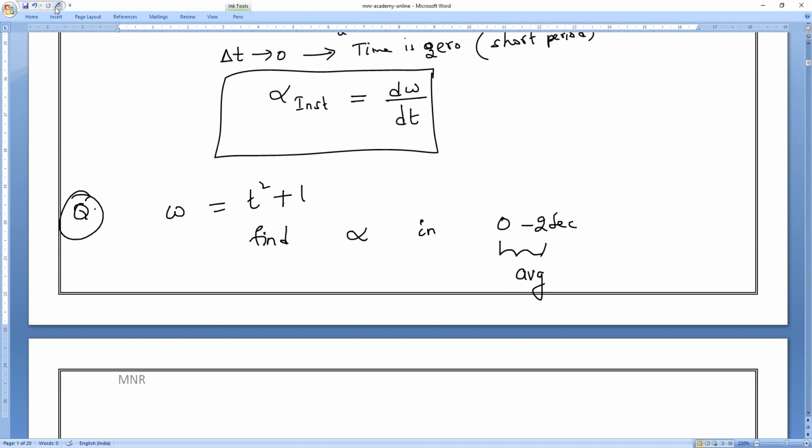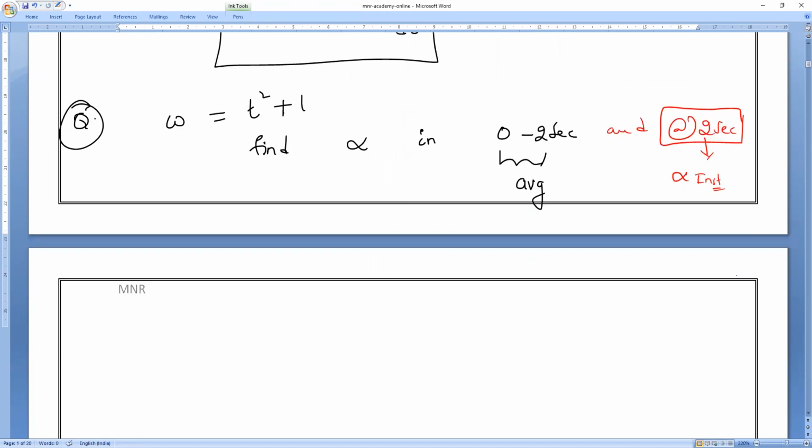Average angular acceleration. Understand? And at 2 seconds, they are specifically mentioning the time. Then what do we have to find, guys? Instantaneous angular acceleration. Am I right or wrong? Everybody clear? Yes, similar sums we have solved.